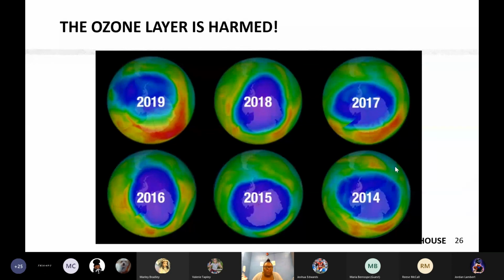We're going to talk a little bit tomorrow about why that's a bad thing. We're also going to talk about some things that could be happening on Earth that are causing the hole in that ozone layer to spread, as we see here.